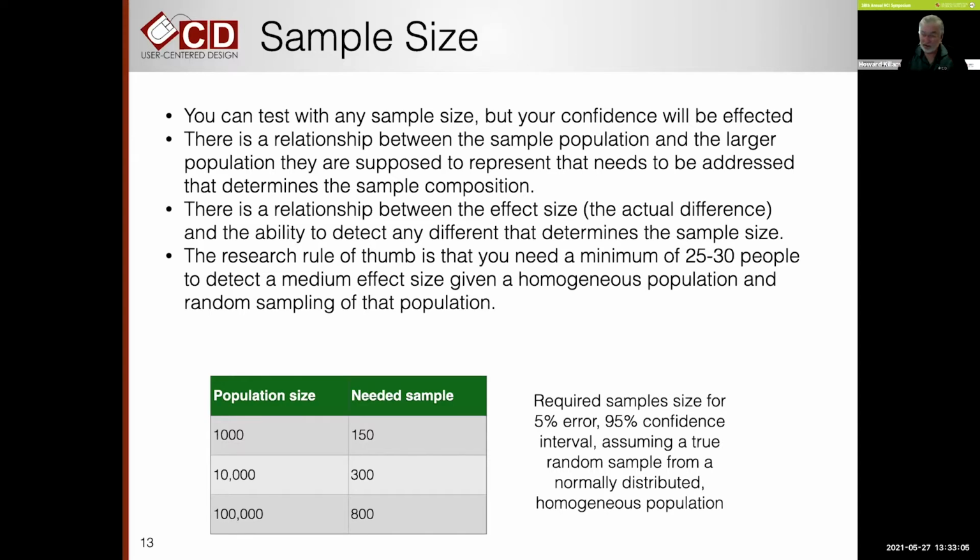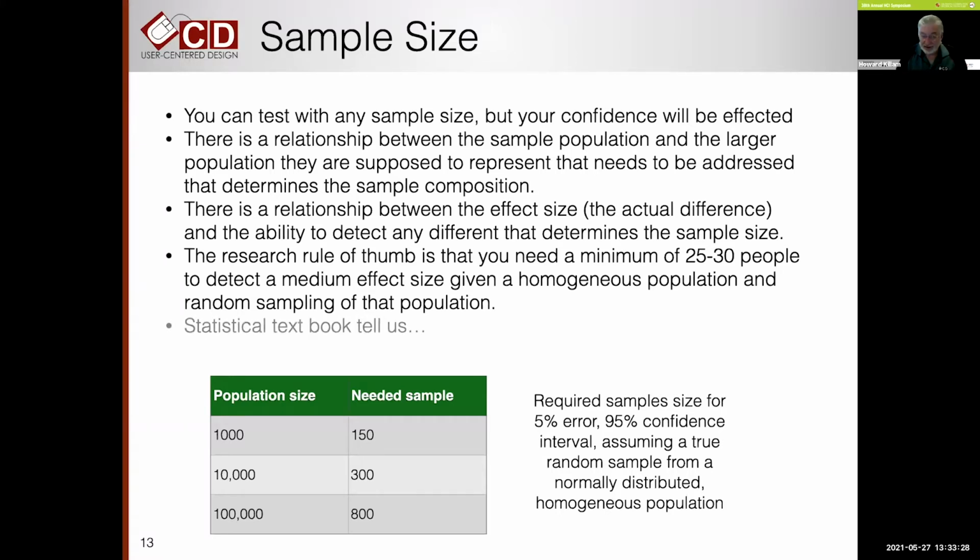But that 25 to 30 people have to be all the same type of people. You can't be looking at different audiences. So you can't be looking at people who know the product and don't know the product, or people who have a certain skill set, extremely proficient with a computer, versus those who are unfamiliar with a computer. So it's 25 to 30 people within one population.